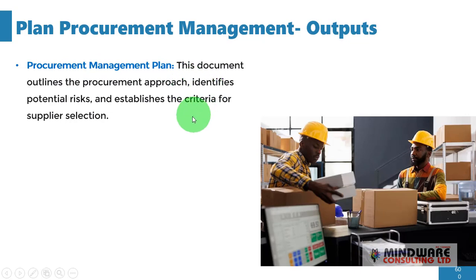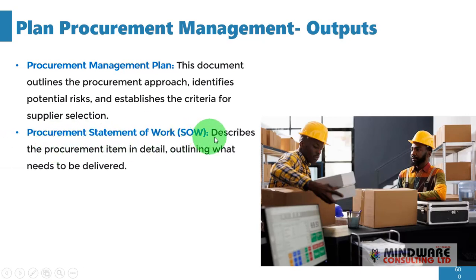It is a document that details and defines the approach you're going to adopt in the procurement. It's going to outline all the potential risks that are involved in the procurement process, and of course it's going to itemize and make very clear the process or the criteria that you're going to adopt for selecting the supplier or the vendor.